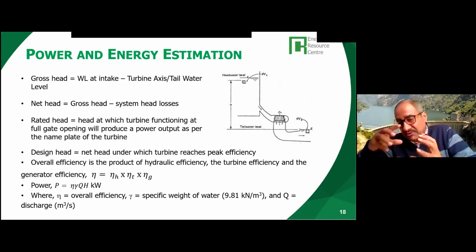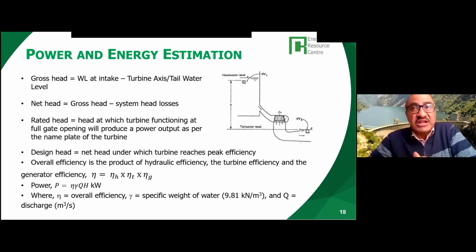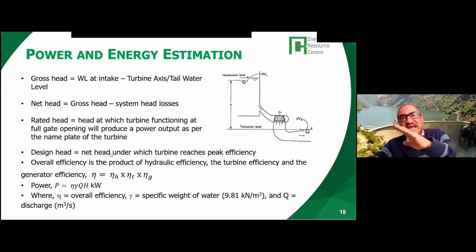Based on flow frequency analysis and the flow duration curve, we get the design discharge and the design head, which is the head at which the turbine reaches its peak efficiency. In the case of ROR, design head and rated head are more or less the same.